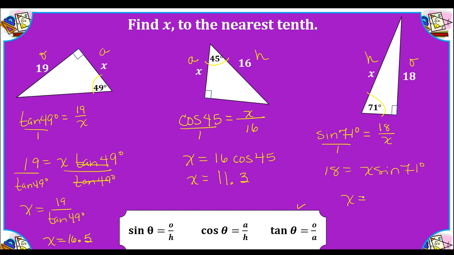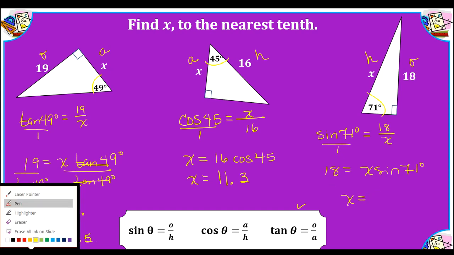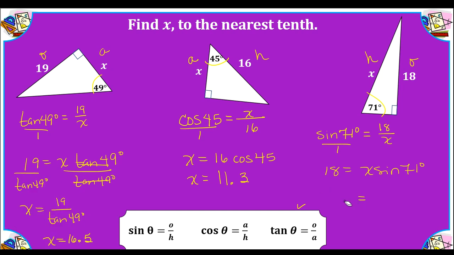So x is not isolated. Let me back up there and erase this. So we need to isolate x. So we're going to divide each side by a sine of 71 degrees.